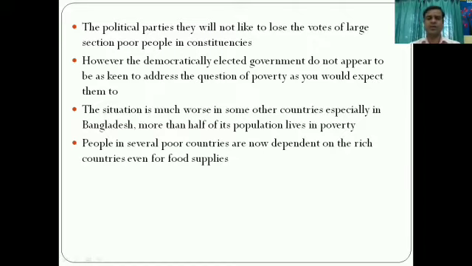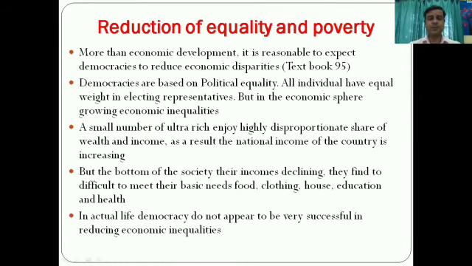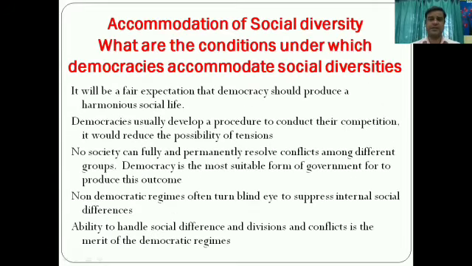The situation is much worse in some other countries, especially Bangladesh. More than half of its population lives in poverty. People in several poor countries are now dependent on rich countries even for food supplies. So this is the actual point related to reduction of inequality and poverty.